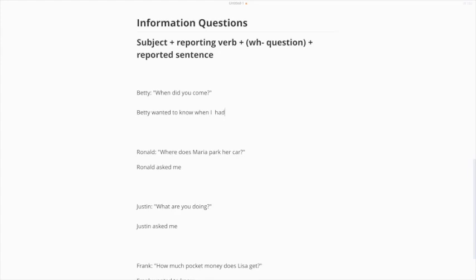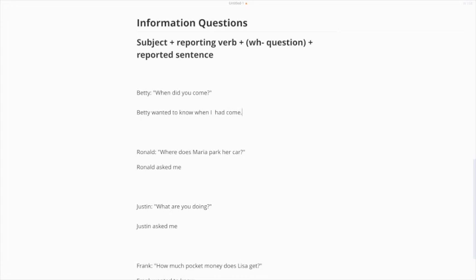Betty wanted to know when I had. And now the past participle of the action verb. In this case, the action verb is come. So the past participle of come, interestingly enough, it's exactly the same. Come. Remember, come is an irregular verb.